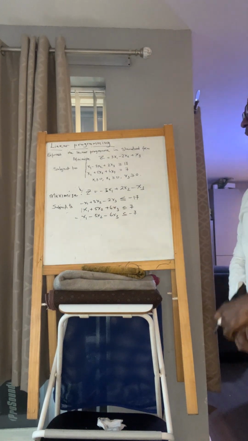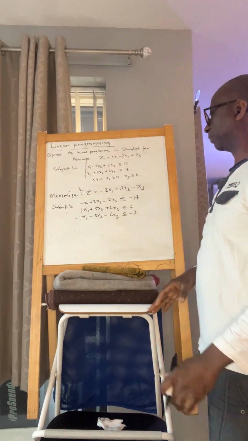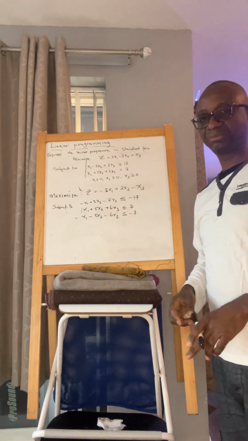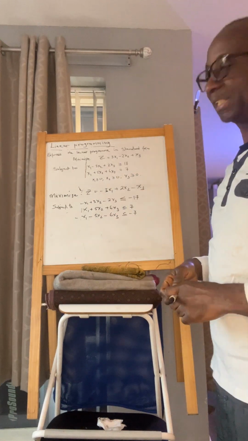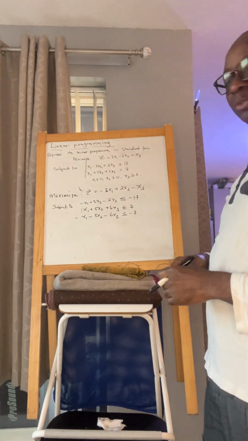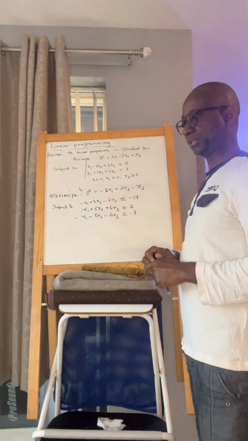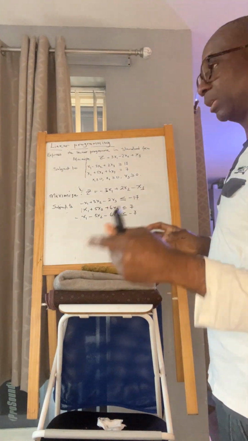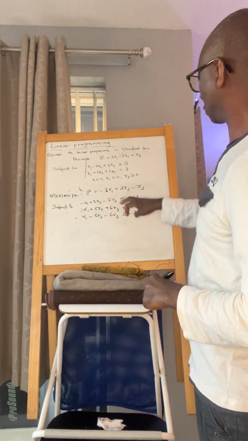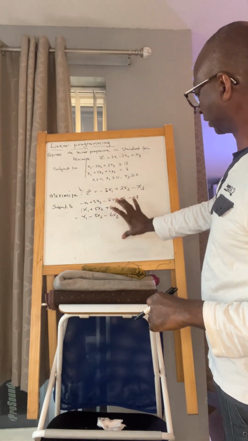But when you look at these equations, we got 3 variables here, x1, x2, x3, and we only have 2 equations. There's no way you can get an answer to this. So we need to do something else. We now have to introduce what we call slack variables. Where do we introduce them? We introduce them on the x3 because we have 2 equations, 3 unknowns.